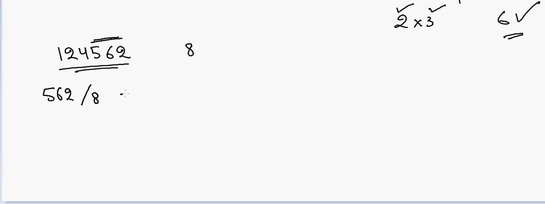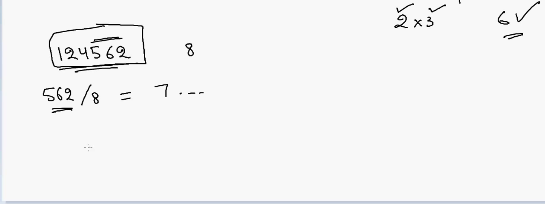If we divide it by 8, I can see that we get 7 and then something which is not divisible by 8. So this number is not divisible by 8, so this whole number should not be divisible by 8.